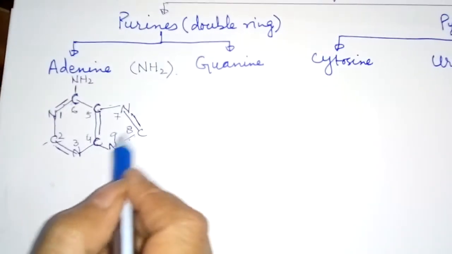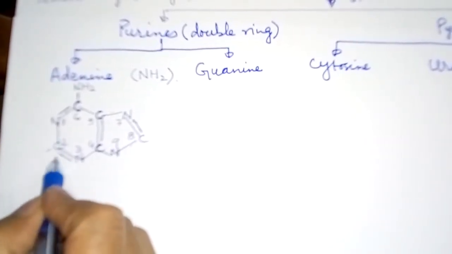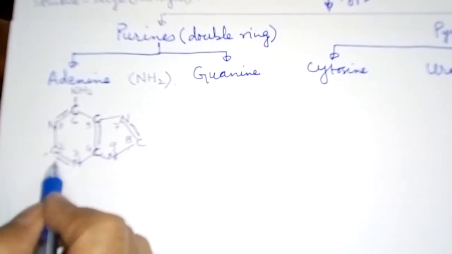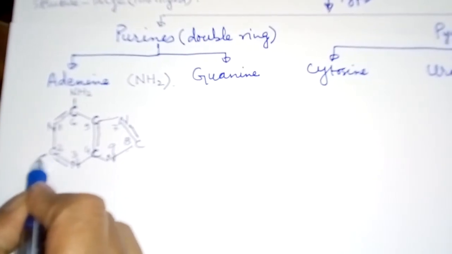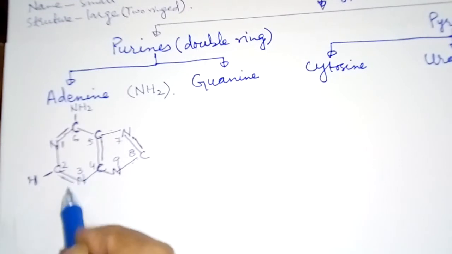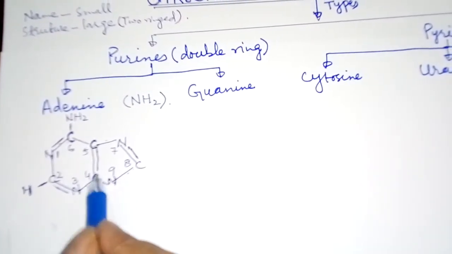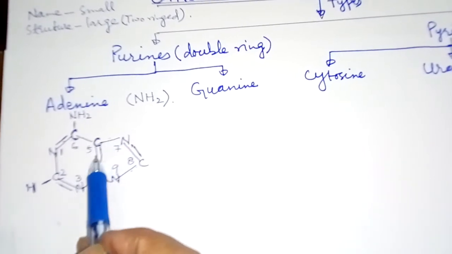Now I will check the valency of all the elements. Carbon number 2 is not satisfied, it has 1, 2 and 3, so I will put a hydrogen atom over here. Now its valency is satisfied, nitrogen valency is satisfied, this carbon's valencies are satisfied, 1, 2, 3 and 4, again 1, 2, 3 and 4.